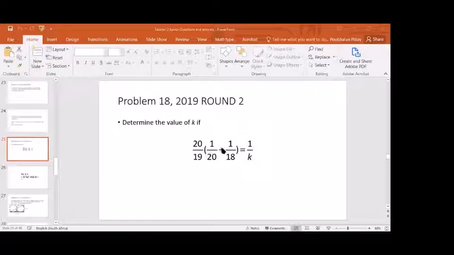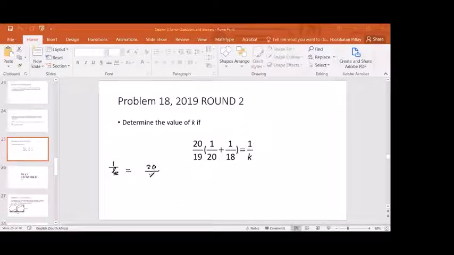All right, now this is a problem which actually tests whether you know how to work with fractions. So it shouldn't be very difficult at all. If you work on the left-hand side, just put 1 over k here and work the left-hand side out.